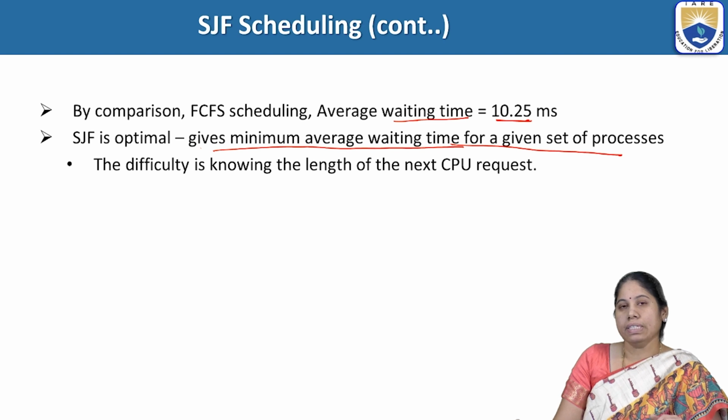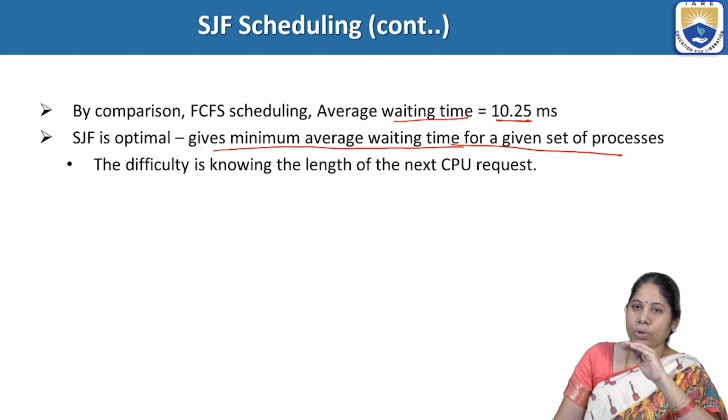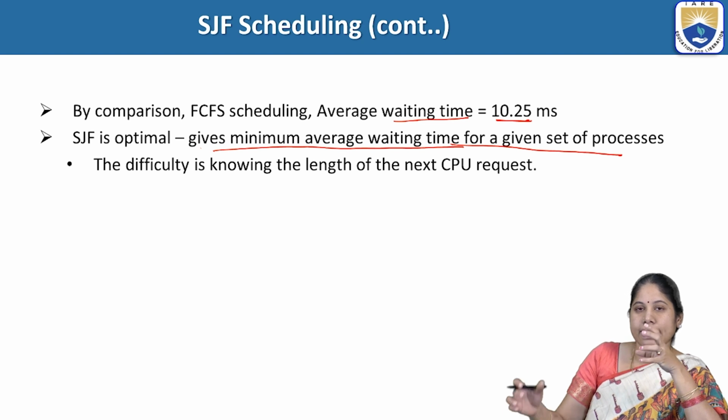Then why is this scheduling algorithm coming up? In some scenarios, if you remember when we studied the different types of systems initially, we have batch systems. Batch systems means that the jobs are executed as a pool.